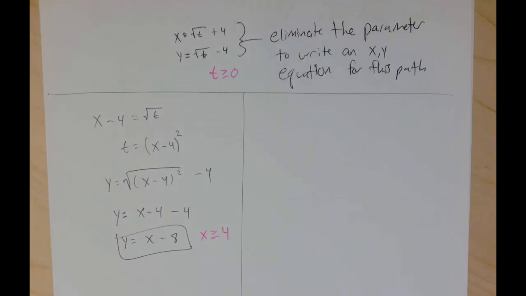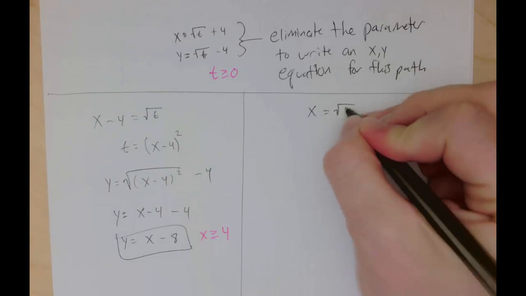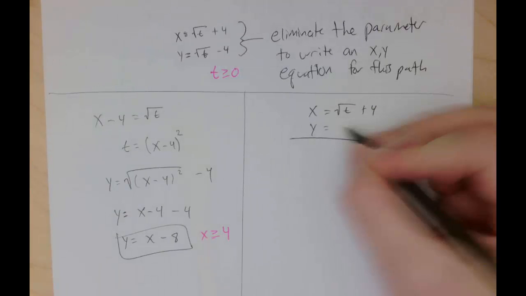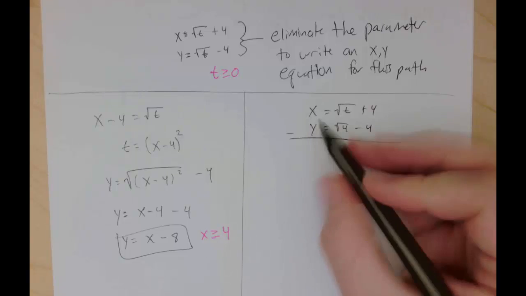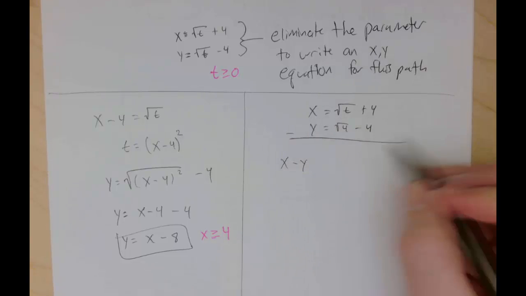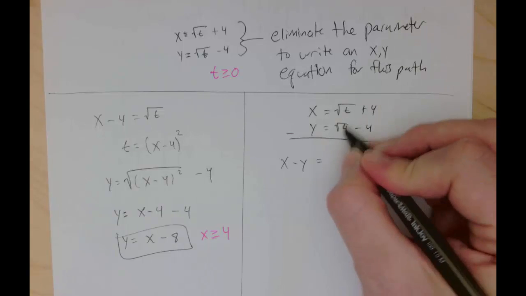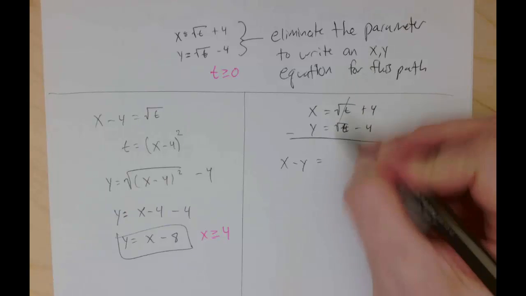Let's do it again by elimination. If I've got x equals root t plus 4, I could subtract y equals root t minus 4. So let's subtract. On the left-hand side, I've got x minus y. On the right-hand side, I've got root t minus root t, so those cancel each other.